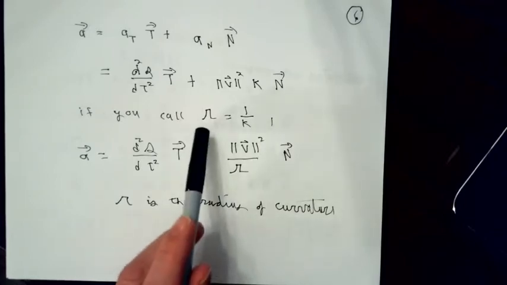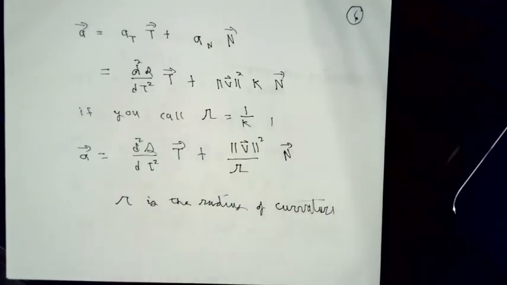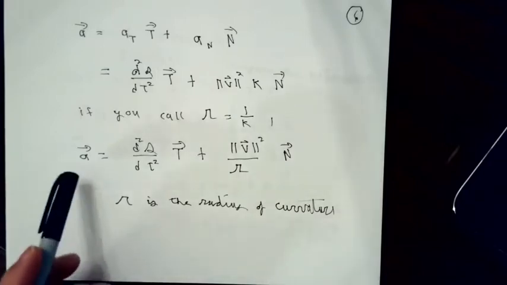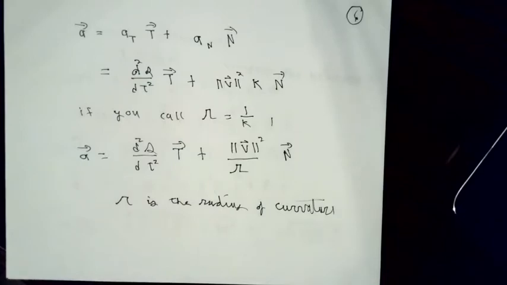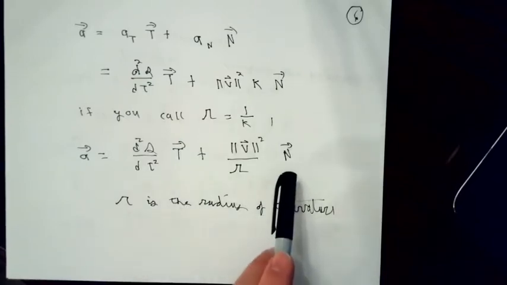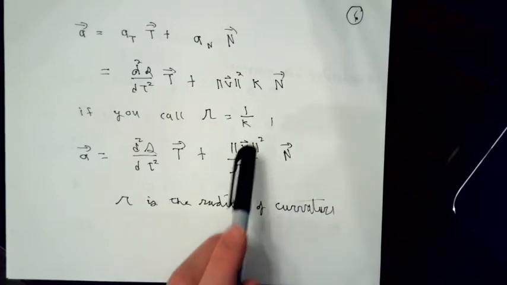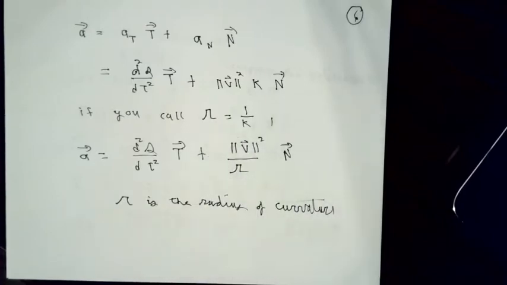So if I use cursive r to mean 1 over the curvature, this says that the acceleration is this, which we have a nice physical interpretation of, plus N is a vector of length 1, and this is speed squared divided by radius.